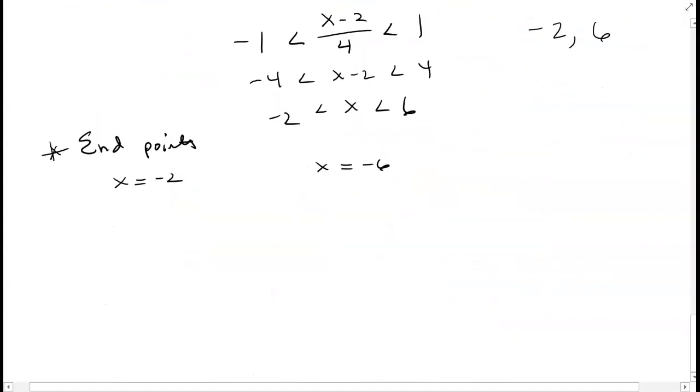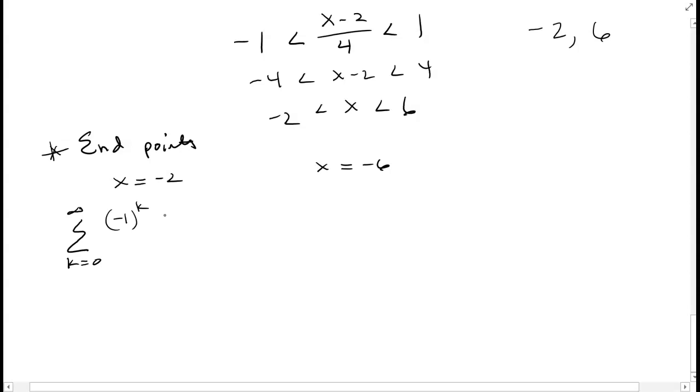So what is that going to be when it's negative 2? That's going to give me the summation k equaling 0 to infinity of negative 1 to the k. Now I have x minus 2 to the k.